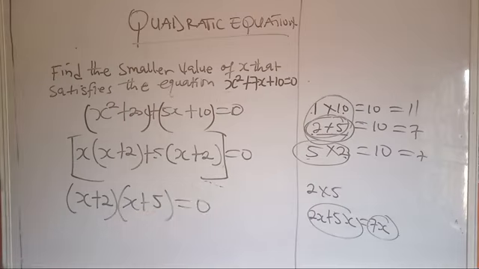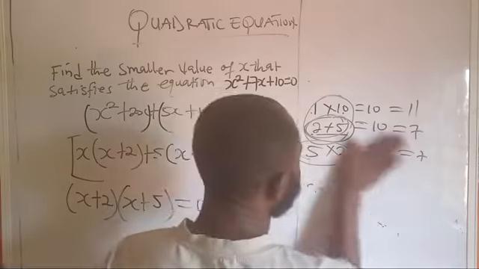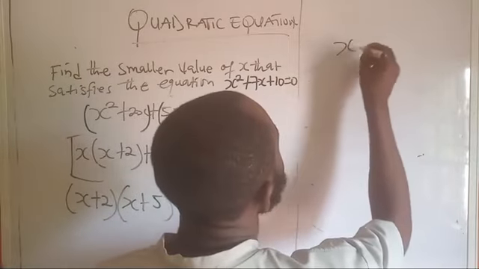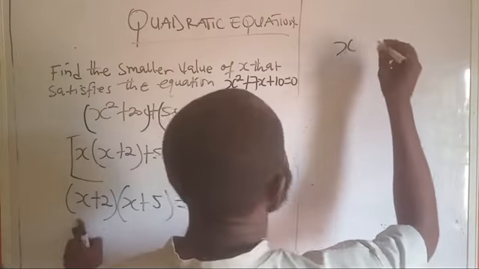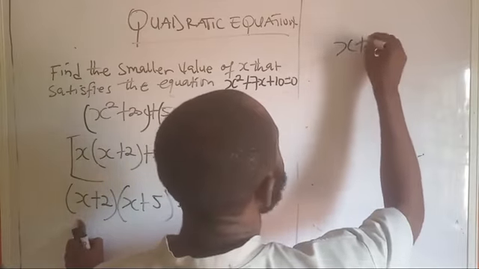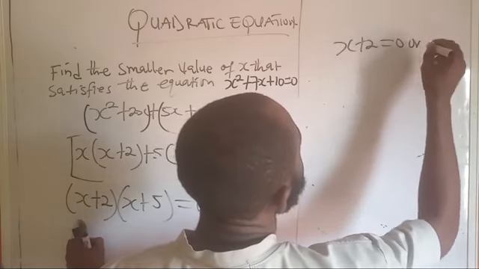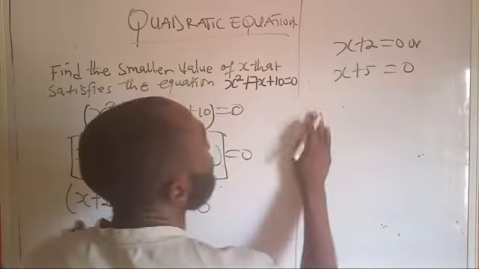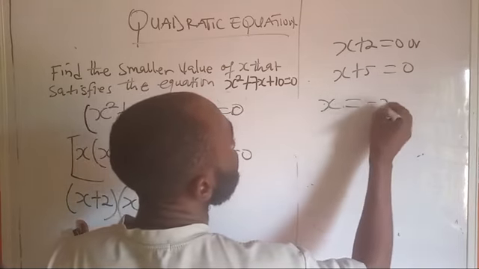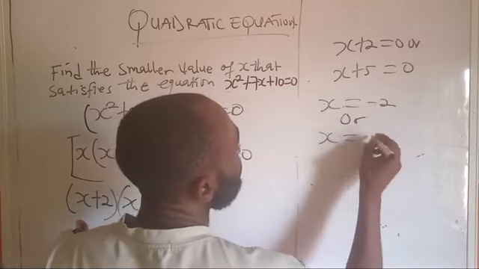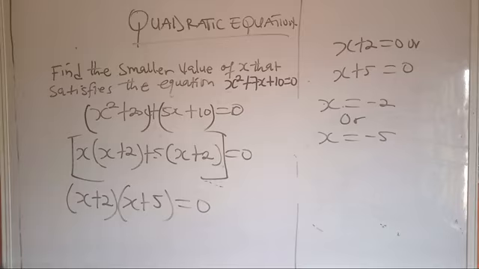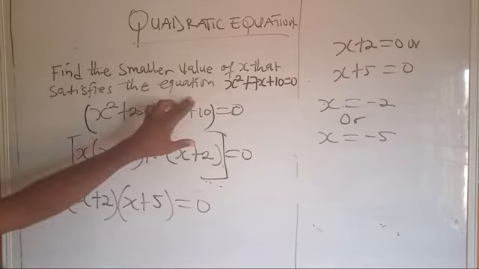Now we can say that either the first bracket, x plus 2, is equal to 0, or x plus 5 is equal to 0. So now x is equal to minus 2, or x is equal to minus 5. But the question says we should find the minimum value of x, that is the smaller value of x that can satisfy the equation.